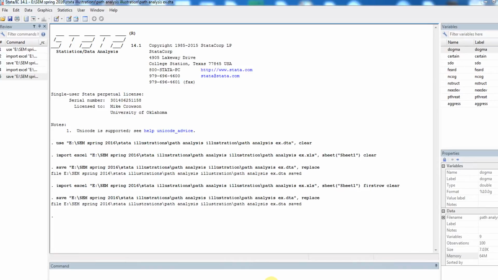So I'm going to begin by typing in mvtest normality, and then the name of the variables that are going to be included in my model. I'm going to include up here dogma, and I can just drag this down here and it will show up, certain, incog, instructure or need for structure.